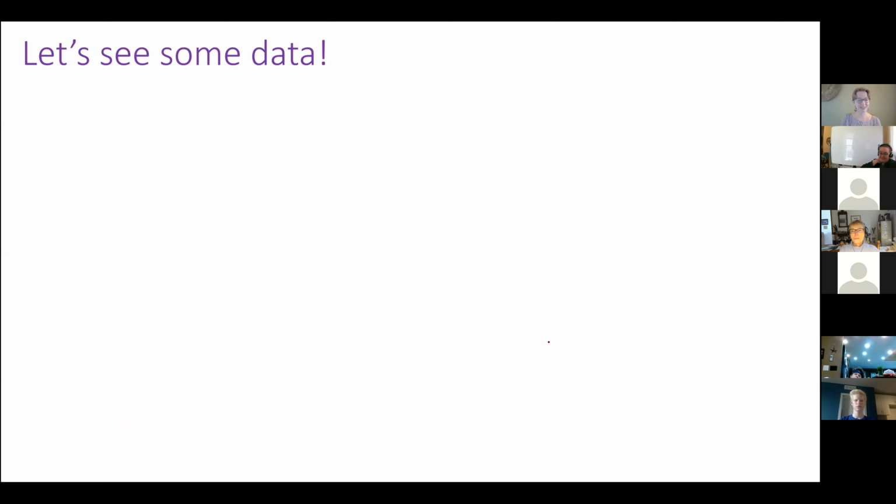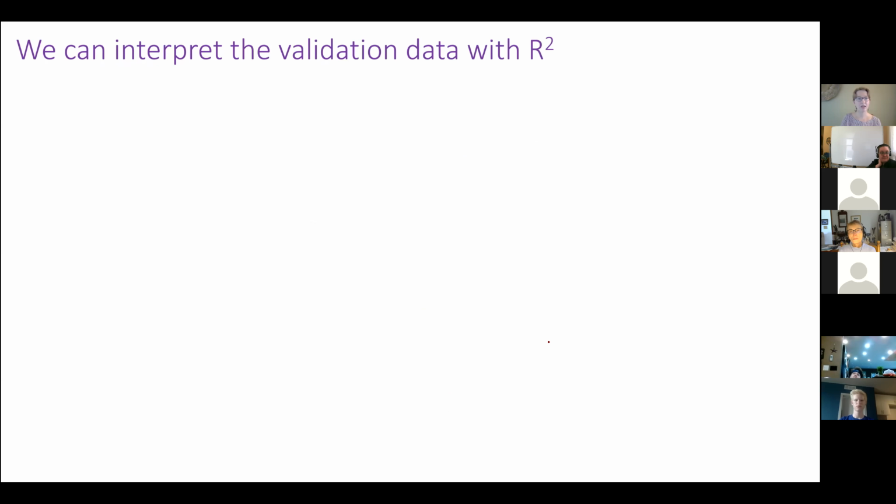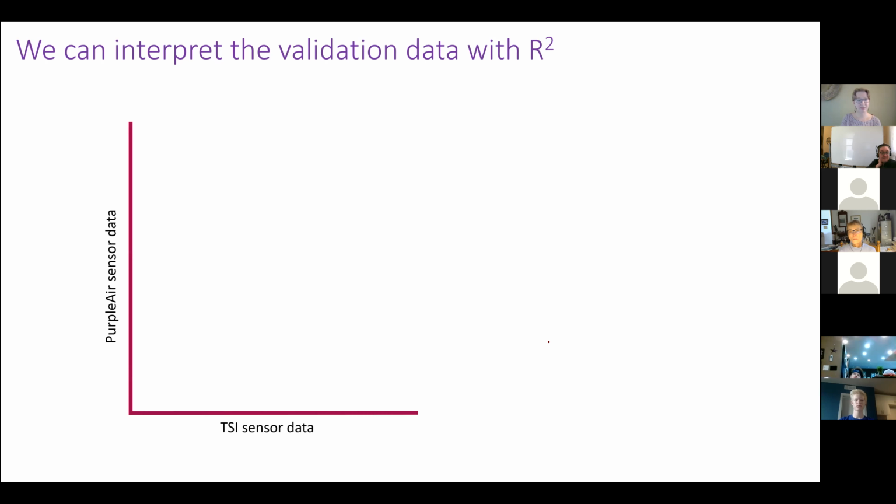Okay, so I've explained to you how we actually set up our validation process, but let's start to actually look at some of this validation data. So as a reminder, this is our lab setup, and we conducted 4 different validation studies using PurpleAir sensors. One way that we can interpret the validation data is with our R-squared value.